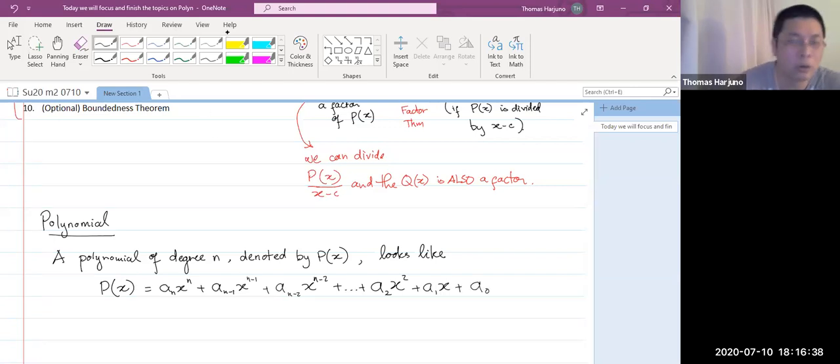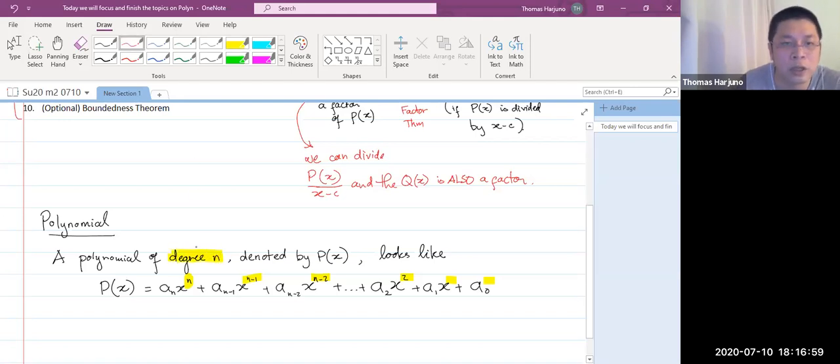Okay, now I know it seems to be very complicated, but it's basically trying to say that the exponents are in descending order, and we start from the highest exponent. The highest exponent of that polynomial represents the degree of that polynomial.